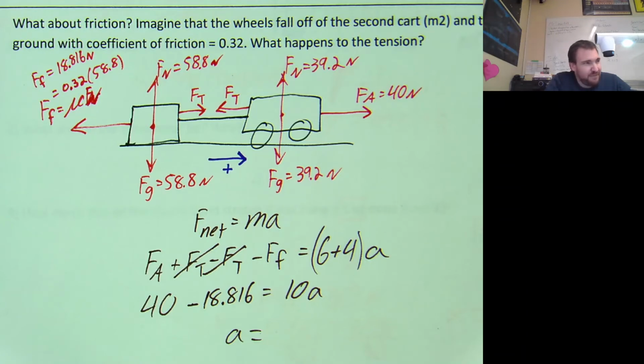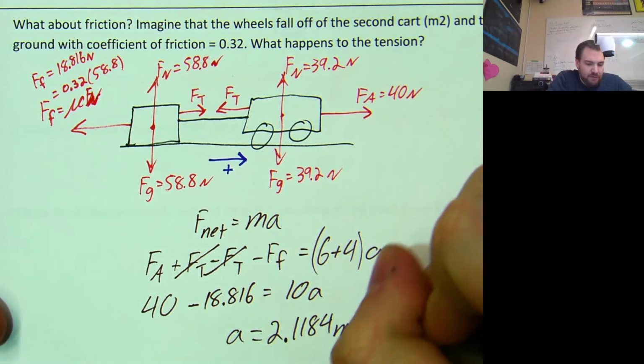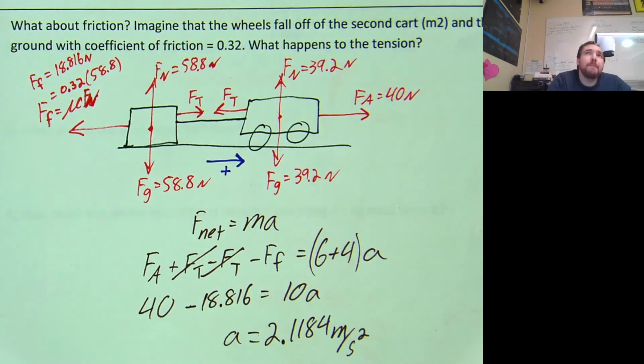So 2.1 something? 2.1184 meters per second squared. So we found the acceleration.